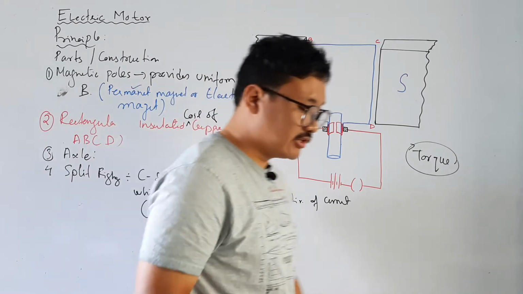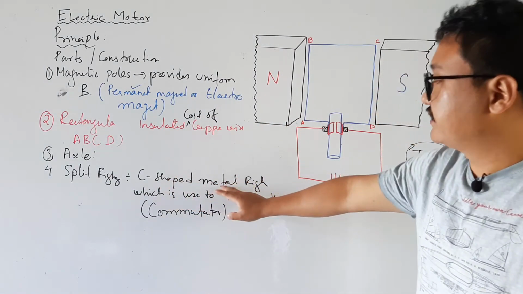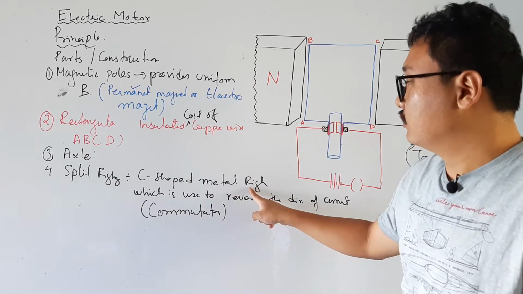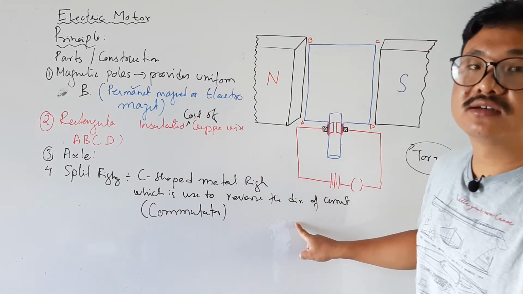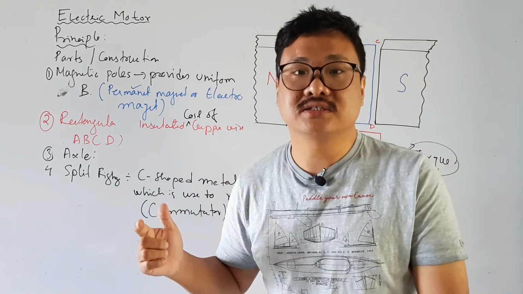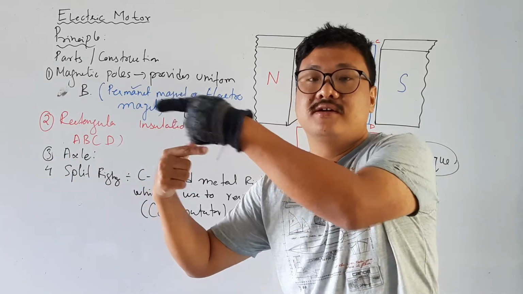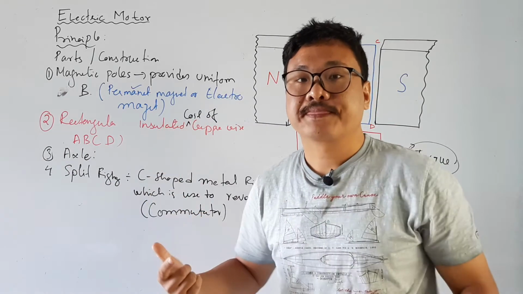So what is a split ring? A split ring is a C-shaped metal ring. यो के हो? C जस्तो shape भएको metal ring हो, which is used to reverse the direction of current. जसले चाहिँ के गर्छ? Direction of current लाई reverse गर्छ. यदि यो current यता आउँदैछ भने अर्को पालीमा यसले उता दिन्छ. Okay, यता आउँदै गरेको current लाई यसले उता पठाइदिन्छ. That is my split ring.